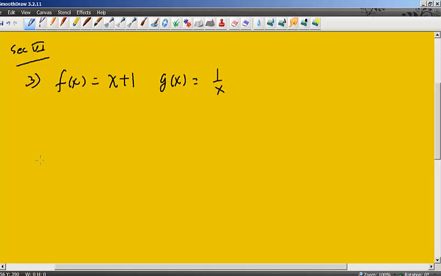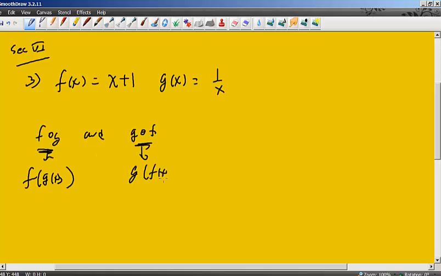What they want us to find is two composite functions, f of g and g of f. This really means f of g of x, and this really means g of f of x. Then they want us to state the domain and the range.